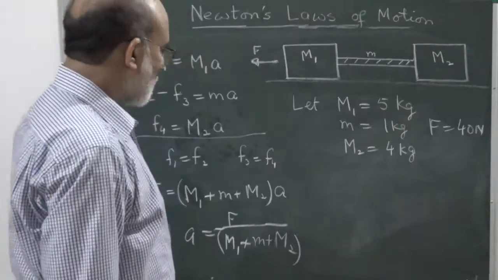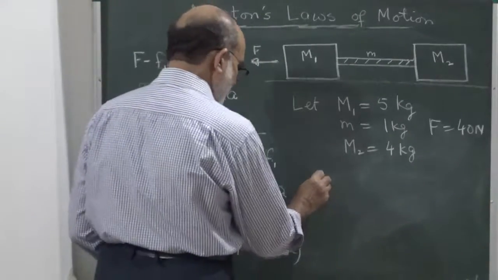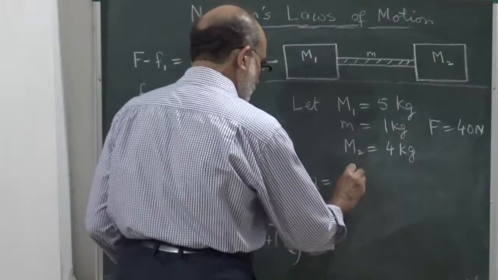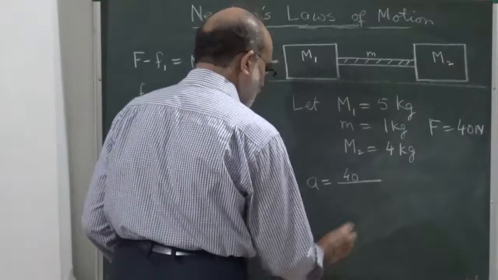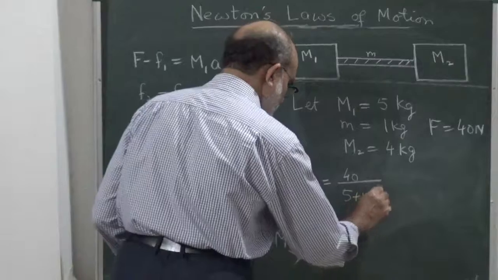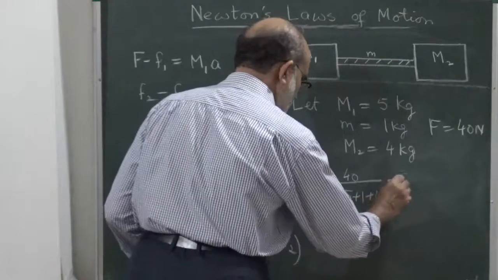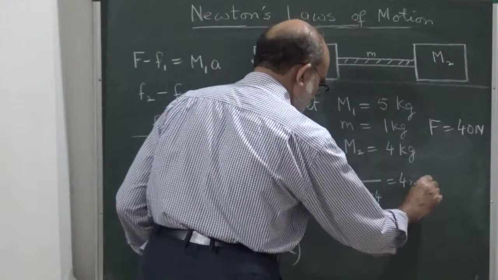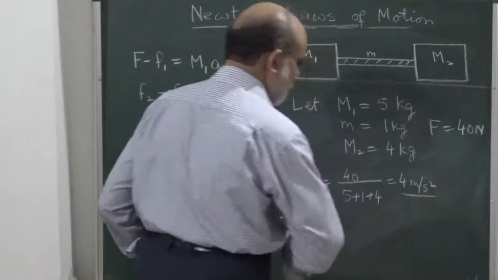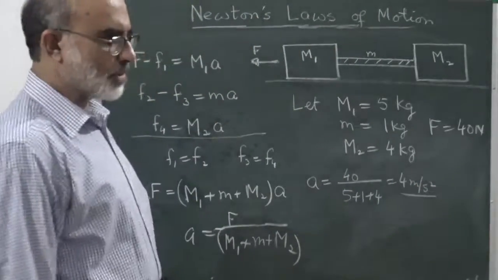So the acceleration of the system will be 40 by (5 plus 1 plus 4), that is 4 meters per second squared. The whole system will move with 4 meters per second squared.